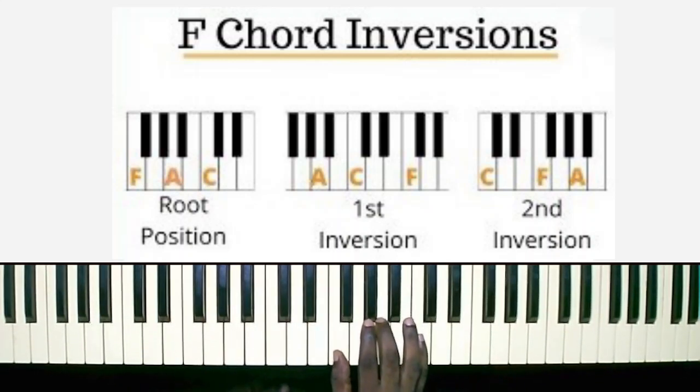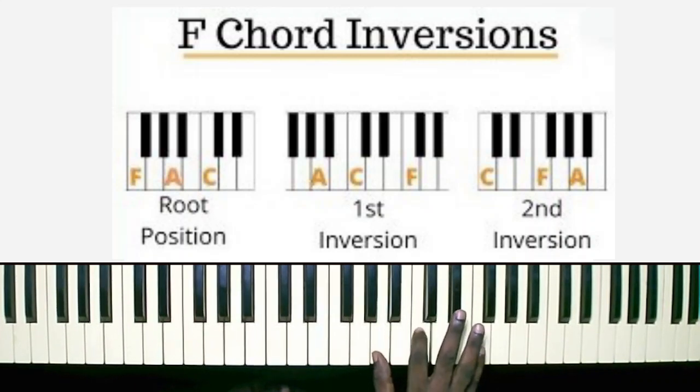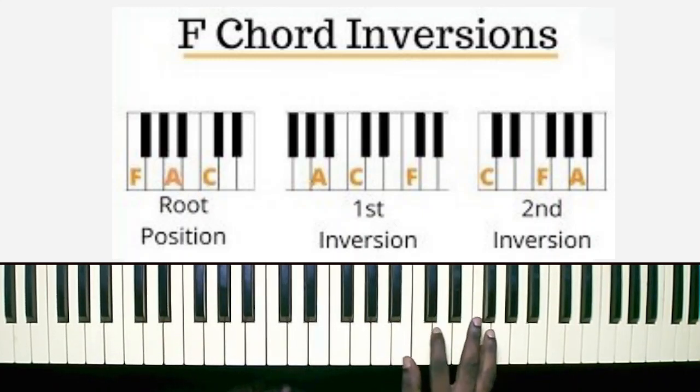So the fingering is 1, 3, 5 as usual for the root. Then 1, 2, 5. A, C, F. Then we have 1, 3, 5.